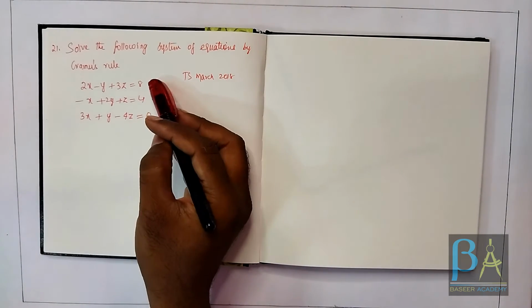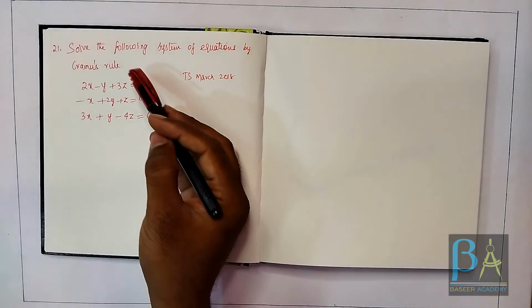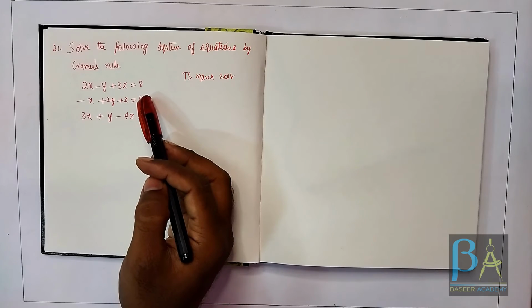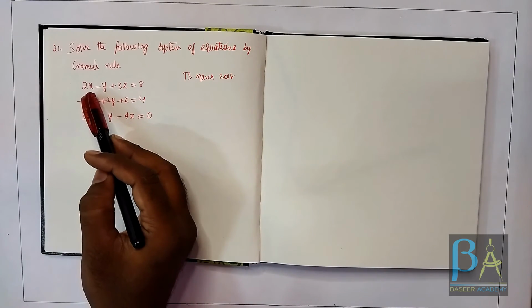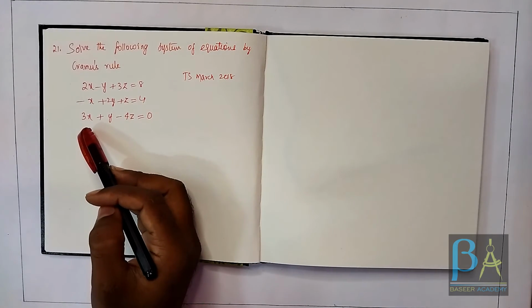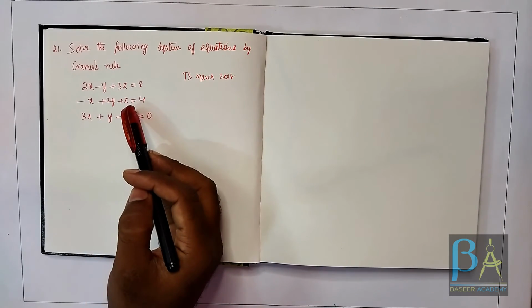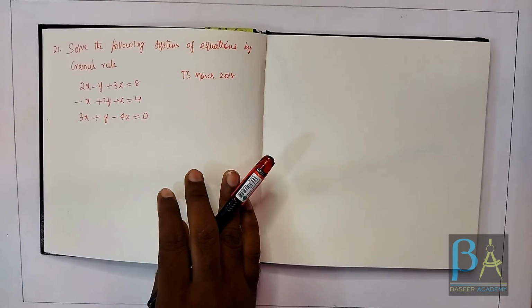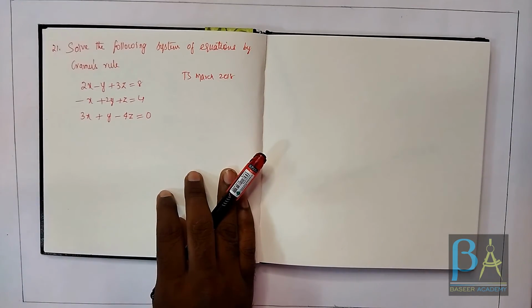So you can try to solve the system of equations using Cramer's rule and then let me know the value of x, y, and z in the comment section. I would suggest you substitute the values of x, y, and z in any one of the equations and make sure the values that you got satisfy the equation just to be sure that your answer is correct.